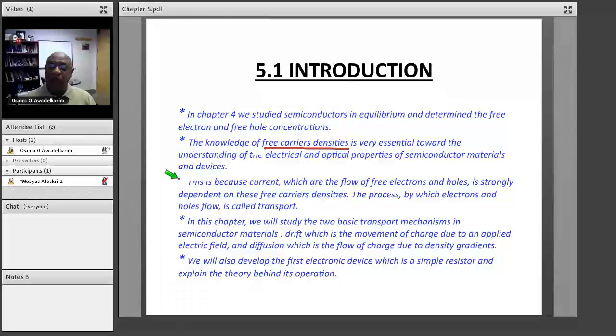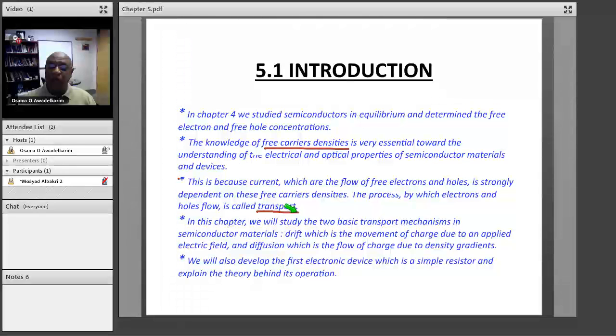So the densities of the free electrons and free holes are very important in determining current or the flow of carriers. This flow of carriers, or flow of holes and electrons, is called transport, the transport of carriers. And this transport, this movement or flow of carriers, generates the current.